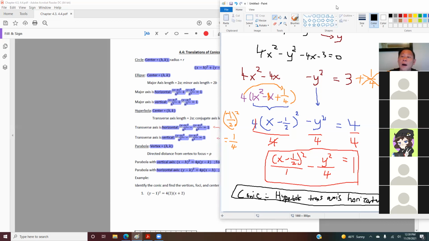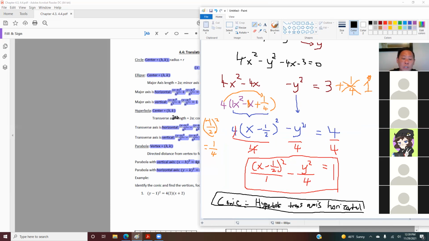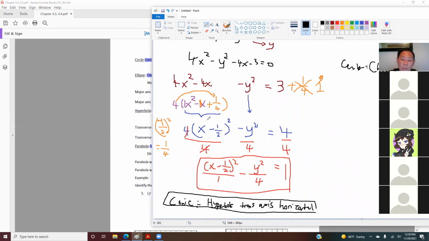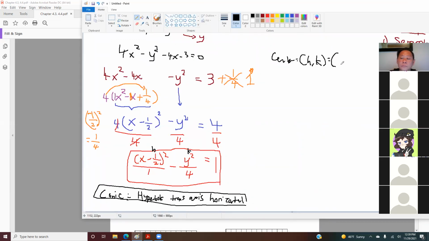Okay. Now, because it is a hyperbola, you need to tell me the center of this hyperbola. And the center is given by (h, k). So don't forget, this is your h and this is your k, the one next to your y is k. So what is your center in this case? h is 1/2, k is 0.